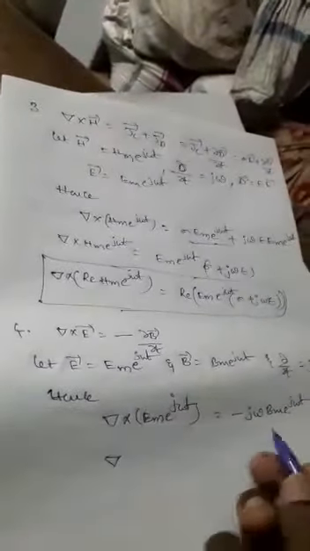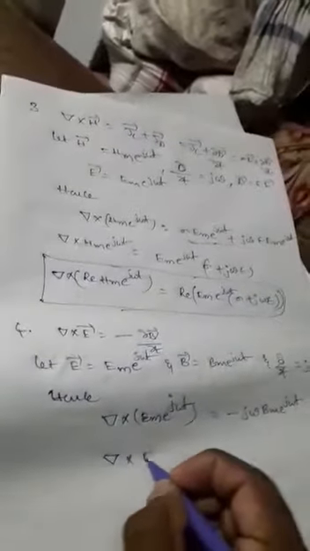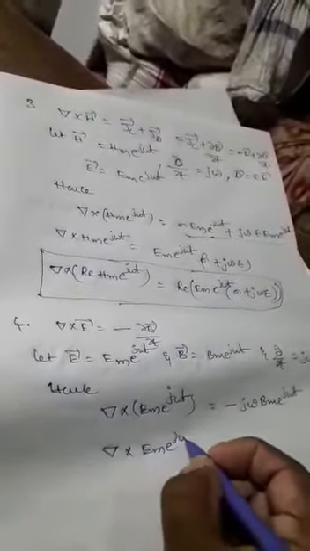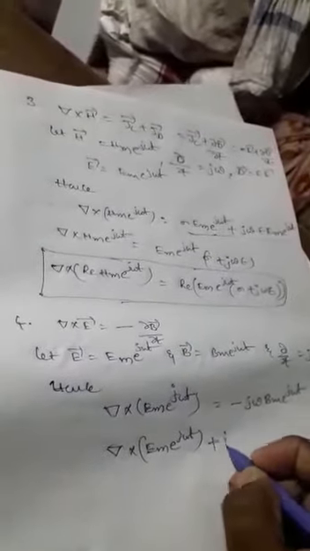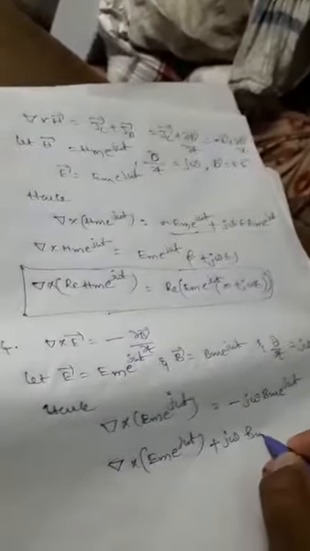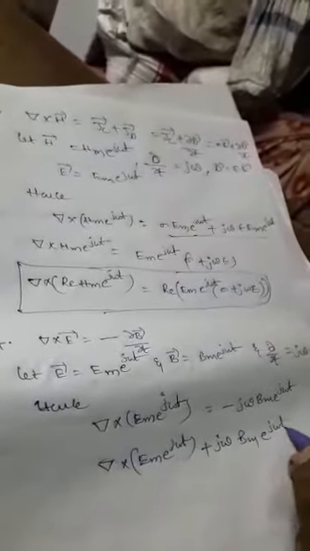Then, bringing the minus to the LHS, curl of Em into e to the power of j omega t plus j omega into Bm into e to the power of j omega t is equal to 0.